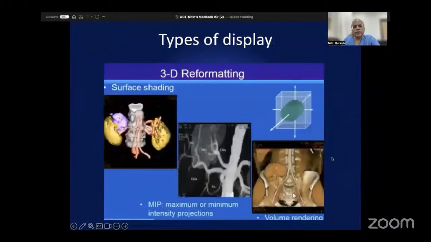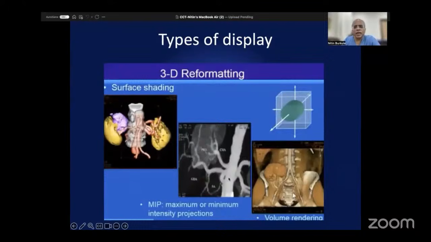There are different types of display by 3D reformatting, and the most important one for the CT coronary angio is obviously the MIP, that is maximum intensity projection, to see the arteries and the branches. And this you can do by the multiplanar reconstruction and even the curved MPR, and so forth.